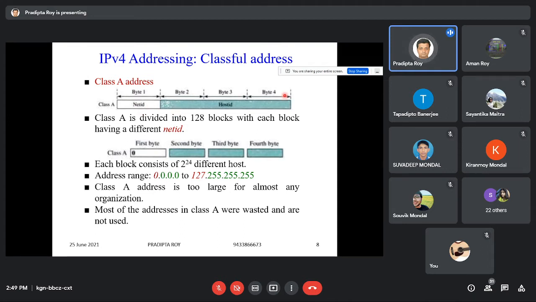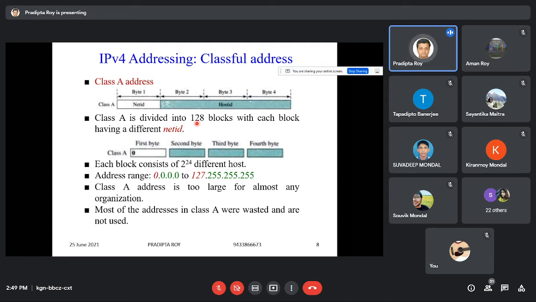Just 24 bits are used to identify any host within that network. From this we can easily identify the range of class A. Class A address is divided into 128 different blocks. Why 128?